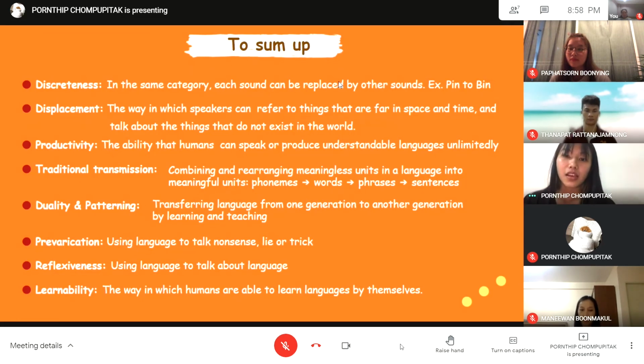Sixth, prevarication. Prevarication is using language to talk nonsense, lie, or trick. Seventh, reflexiveness. Reflexiveness is using language to talk about language. And last, learnability. Learnability is the way in which humans are able to learn languages by themselves.